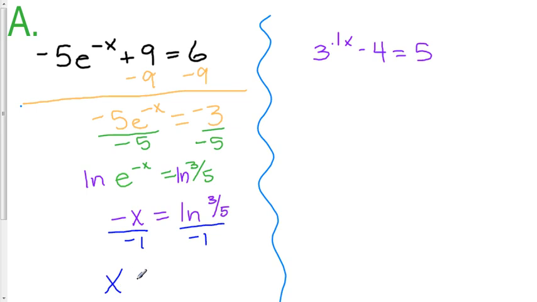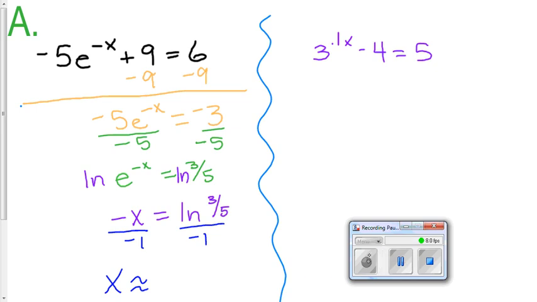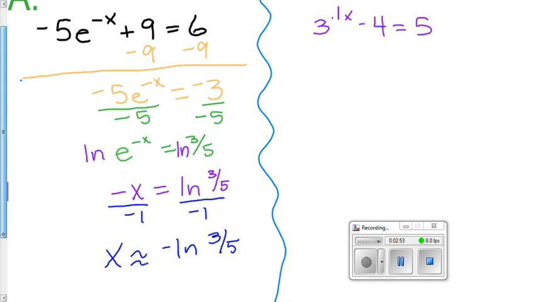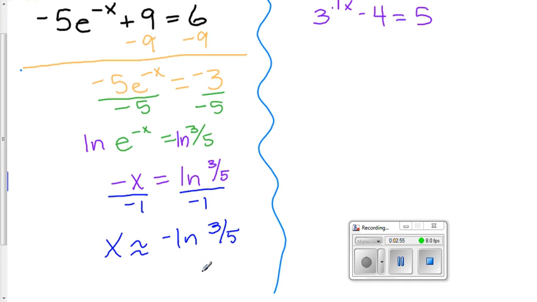So your final answer would be x is approximately equal to negative ln of 3/5, which is 0.5108 approximately.